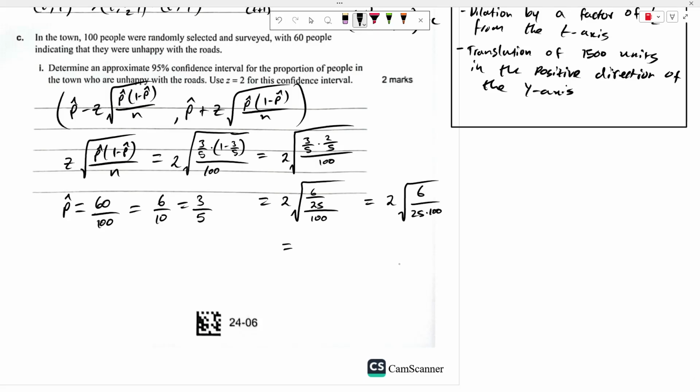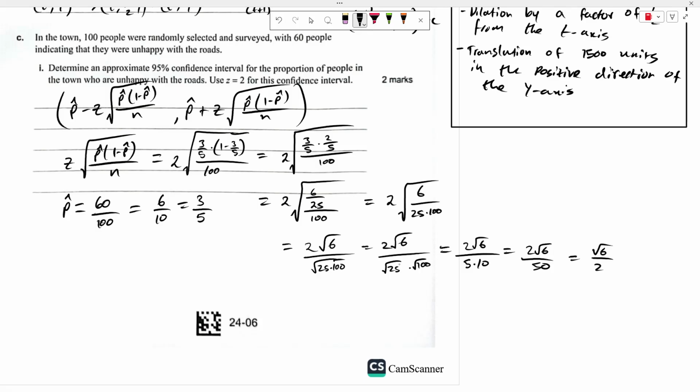So this actually becomes 2 times root 6 over root 25 times 100. That's the same as 2 root 6 over root 25 times root 100. And that is 2 root 6 over 5 times 10. That is 2 root 6 over 50. That is root 6 on 25.